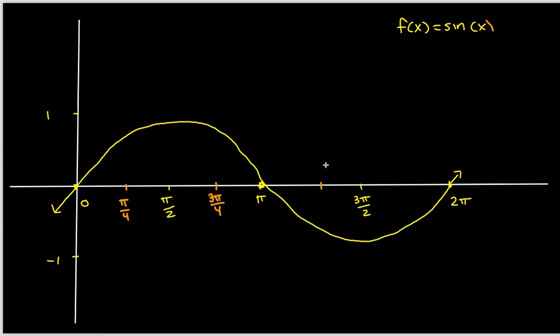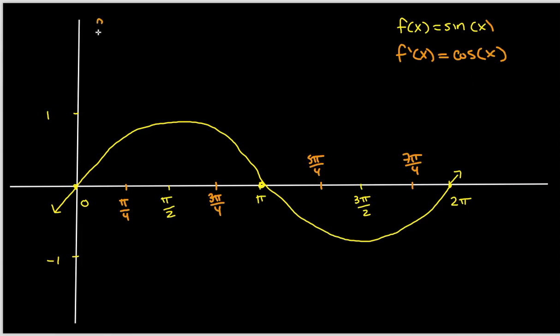We'll take the derivative at 5 pi over 4. And then we'll take the derivative at 7 pi over 4. Okay, so first of all, what is the derivative of f of x? The derivative of sine is cosine, therefore f prime of x is cosine of x.